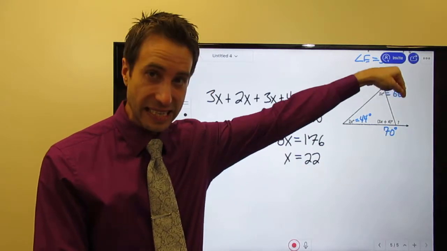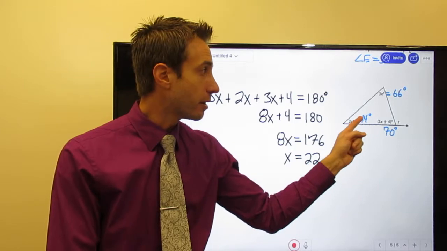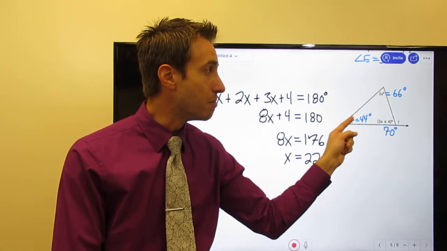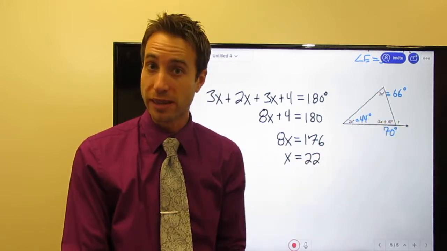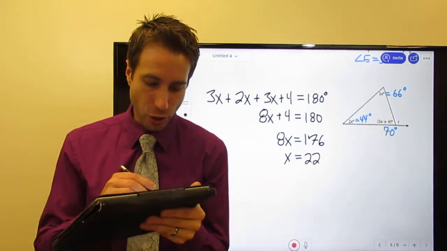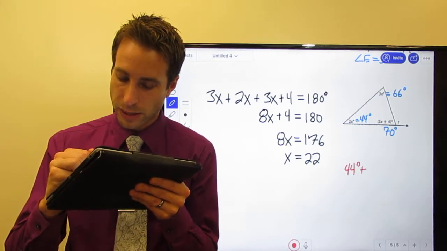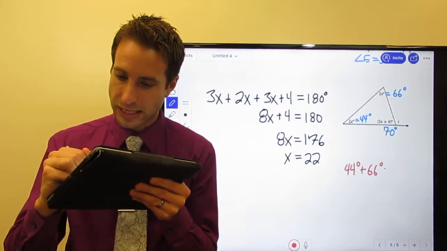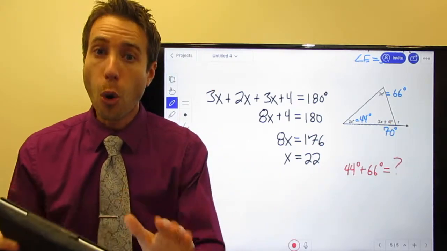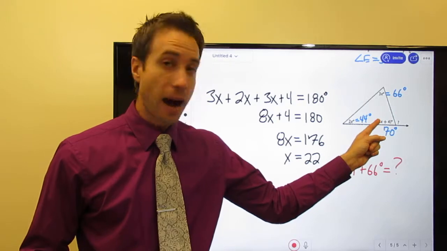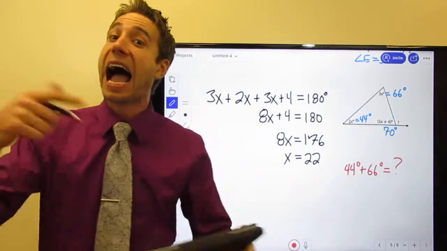I need to find that exterior. Again, 2 ways to do it. I can either add together my remote interior angles, because the remote interior angles equal the exterior angle. So I certainly could do 44 degrees plus 66 degrees is equal to my exterior angle. Or I know the adjacent interior angle and the exterior angle have to sum to 180.